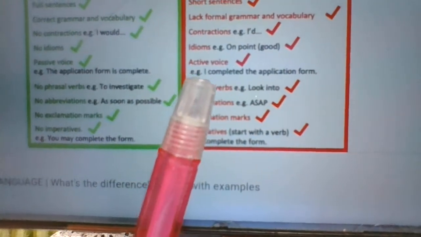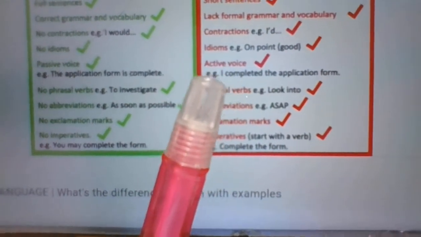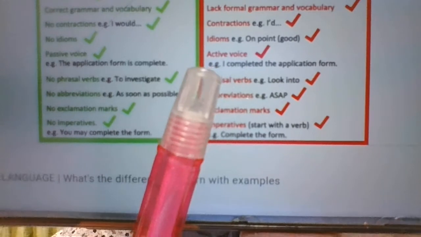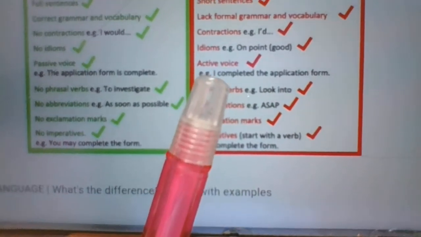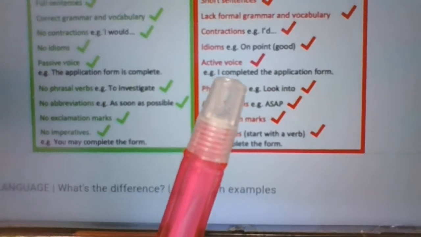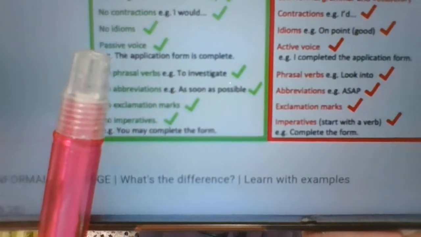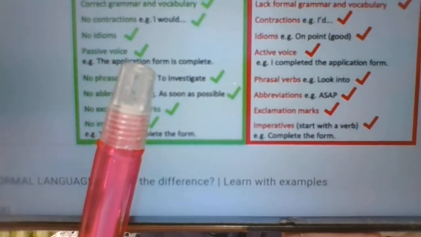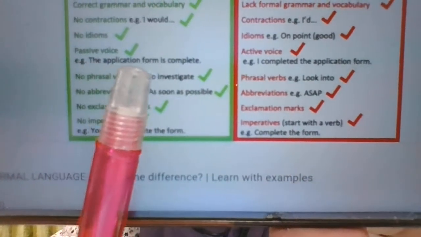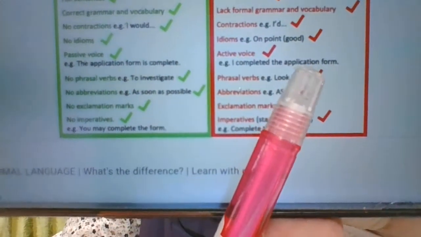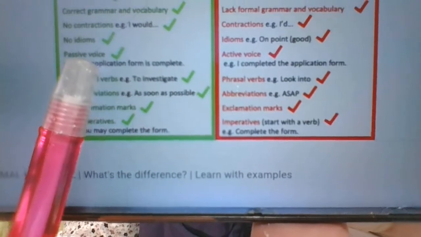As you can see, in the active voice, we put the subject first, like I, we. But for passive voice, we put the object in front, right?